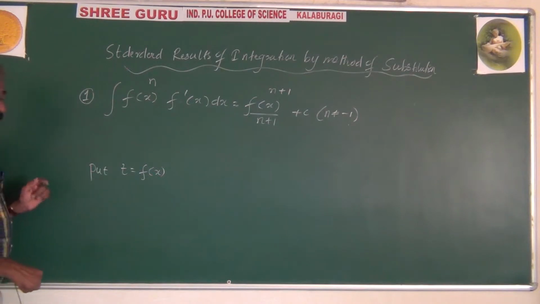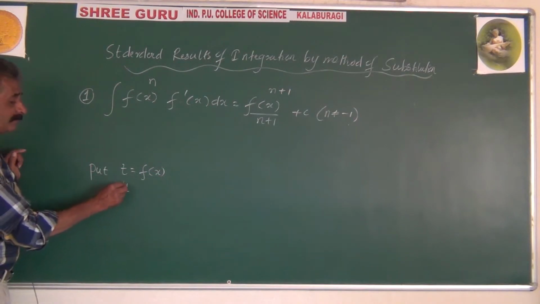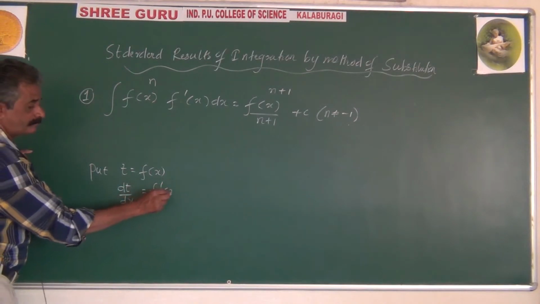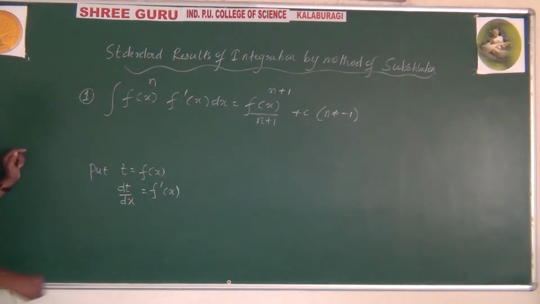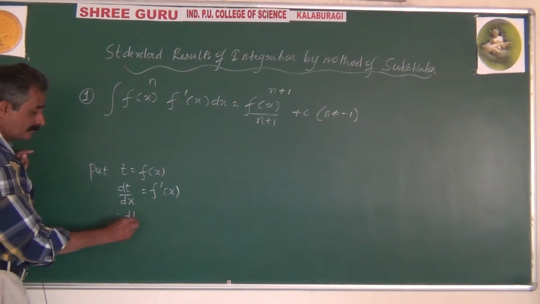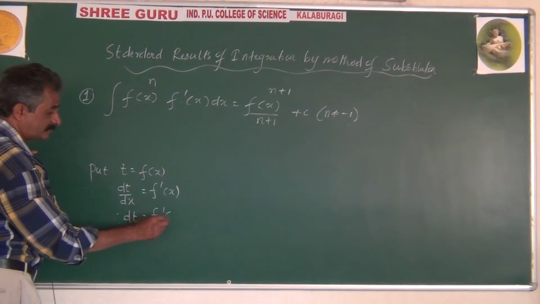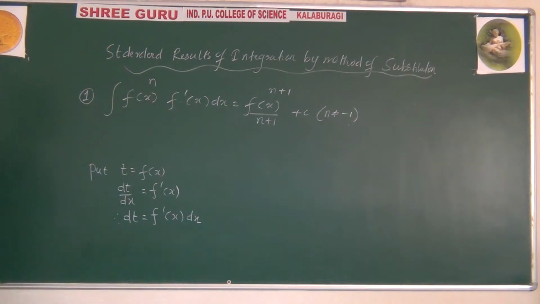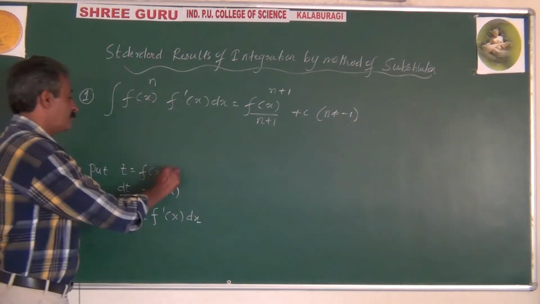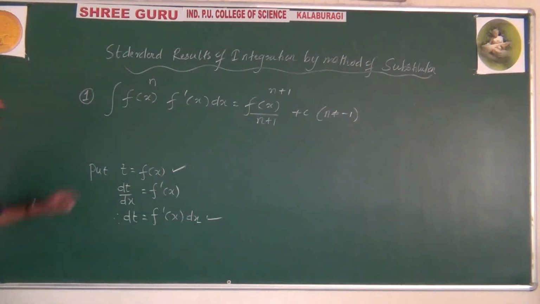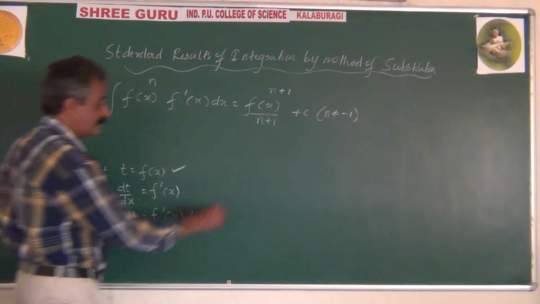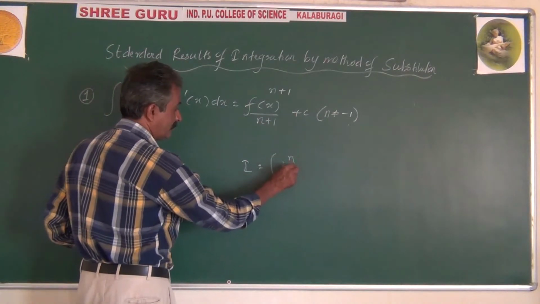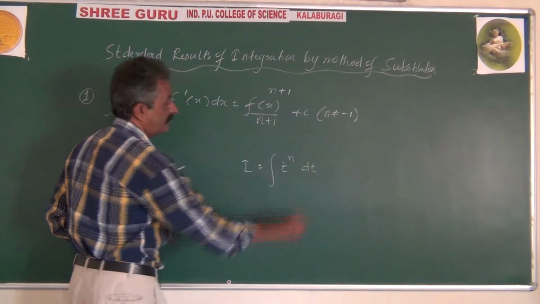After putting, differentiate: dt by dx equal to f dash of x, or dt equal to f dash of x into dx. Now using this value of t and dt, our integral I becomes integration of t power n dt.